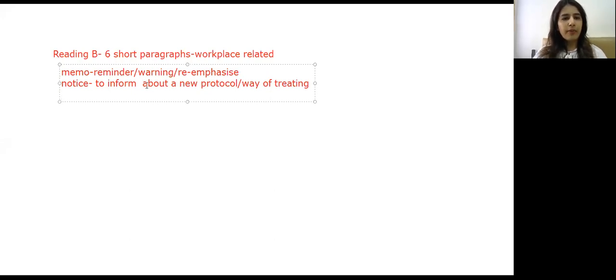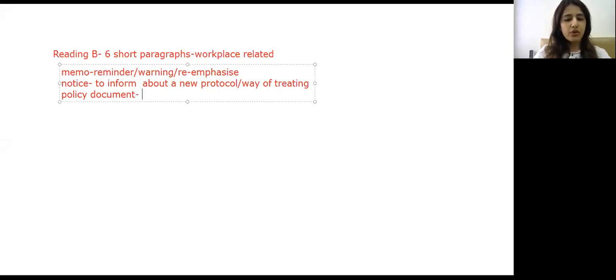What else? Apart from memo and notice, what other kinds of documents can you be reading, or the extracts from the documents that you would be reading in the reading part B? It could be policy. Yes. So if it is a policy document, when do we use a policy document, or when would an administration send an extract from a policy document?